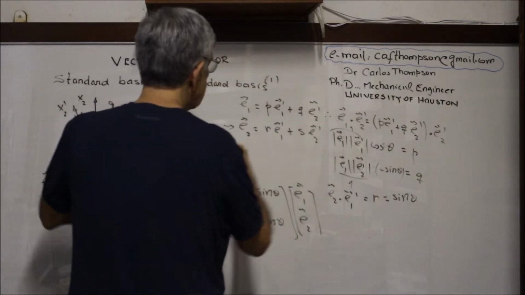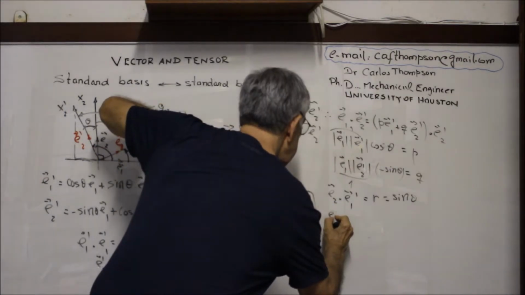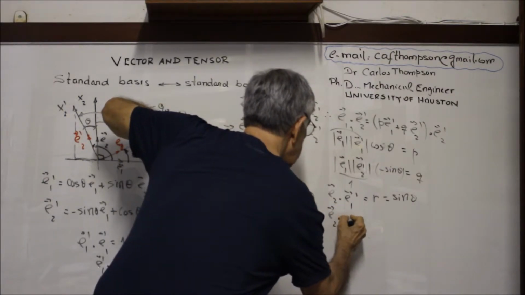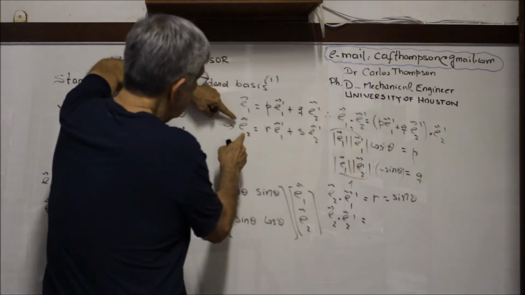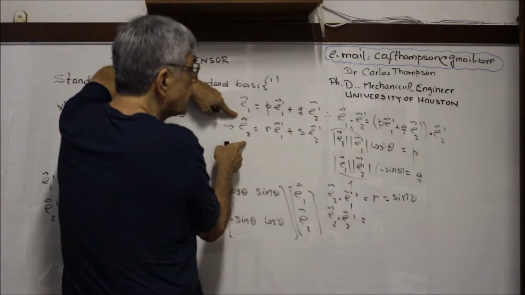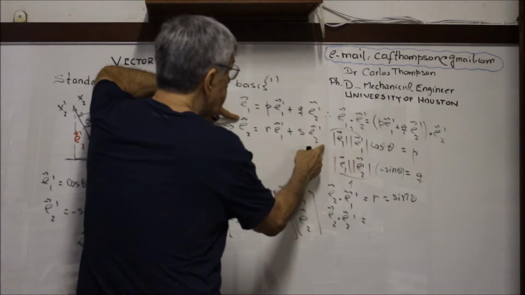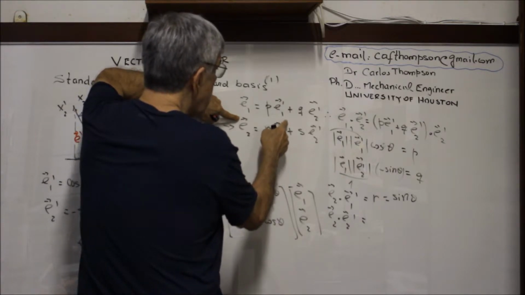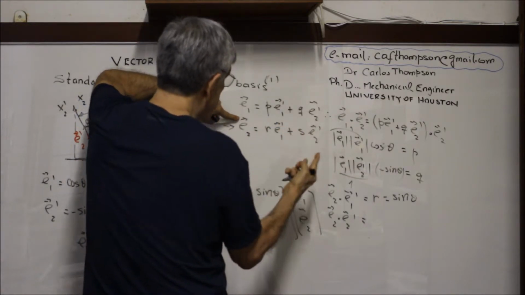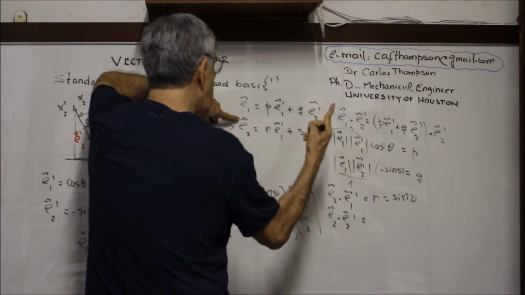Now, this is E2 dot E2 prime. If I take the dot product between E2 and E2 prime, the E1 prime dot E2 prime term will be 0, and E2 prime dot E2 prime will be 1.